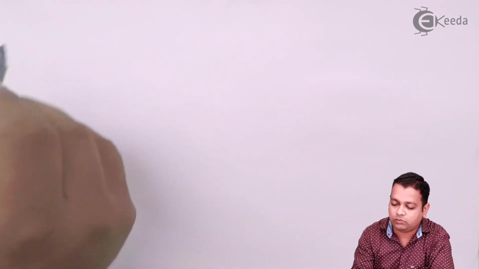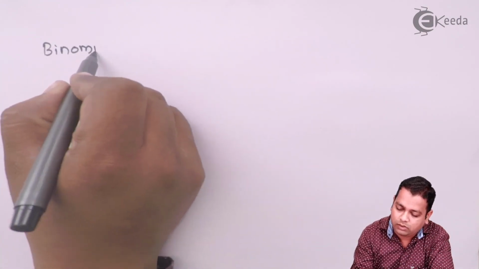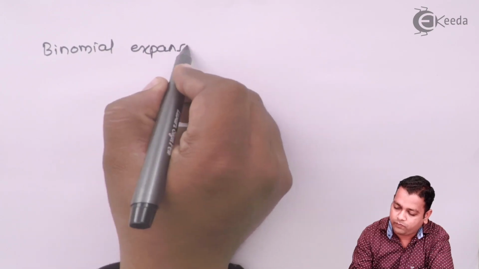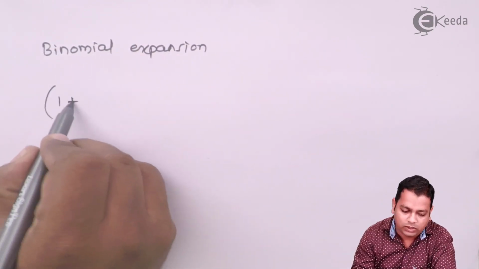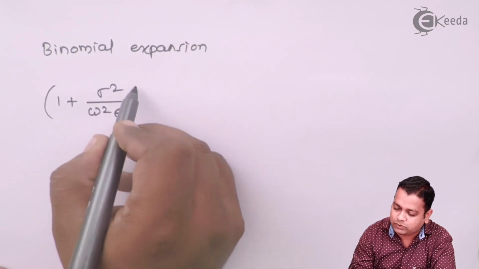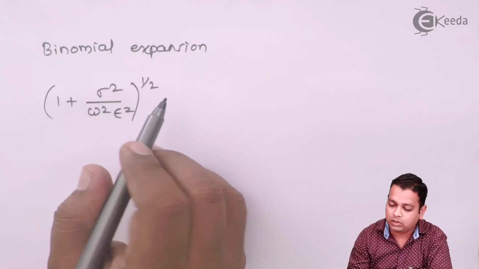According to the binomial expansion formula, the square root term we represent as 1 plus sigma square divided by omega square epsilon square, with this bracket given the power 1 by 2 to represent the square root.